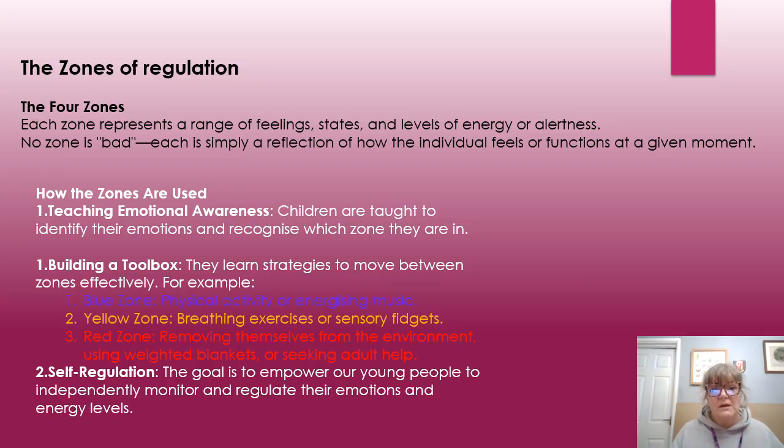And if we have a quick look at the zones of regulation, there are 4 zones. You can't see the green one in here. The green one is basically the optimal state of alertness and regulation, where a student will be feeling calm, focused, and ready to learn and interact. And so they're feeling happy, calm, content, focused.